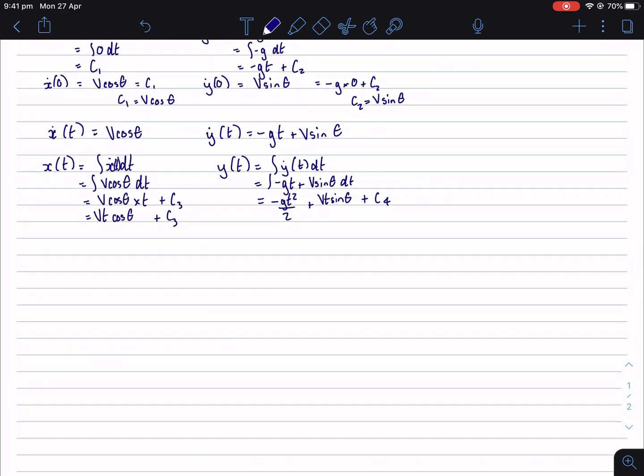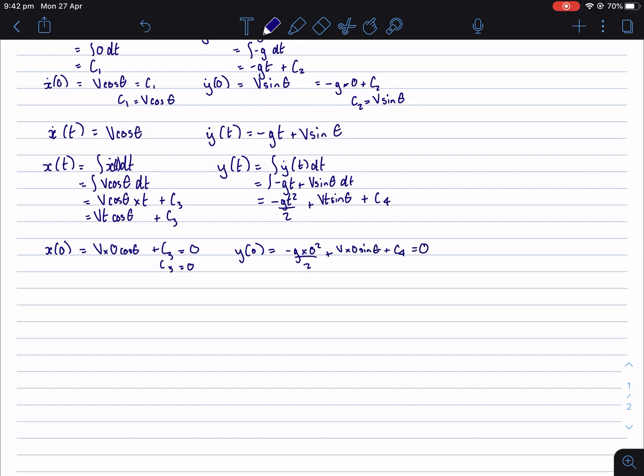Okay, we know x at 0 is 0, so it's v times 0 cos theta plus c3, and it's 0 because we're taking off from the origin, so c3 is 0. We know y at time 0 is negative g times 0 squared over 2 plus v times 0 sine theta plus c4.